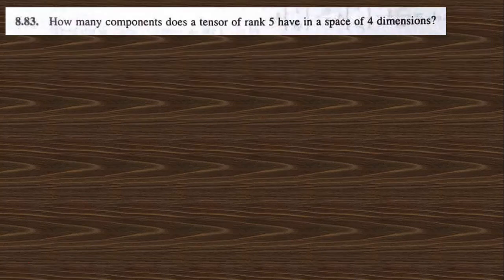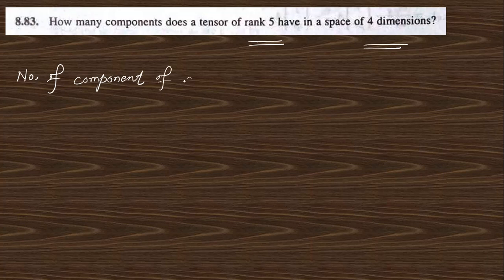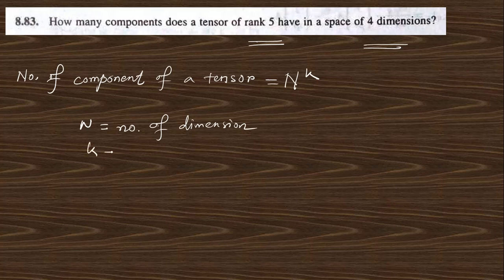Next question, how many components does a tensor of rank 5 and 4 dimensions have? So the number of components of a tensor equals n to the power k, where n equals the number of dimensions and k is the rank of the tensor.